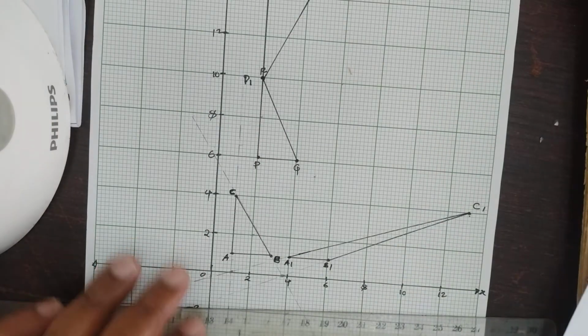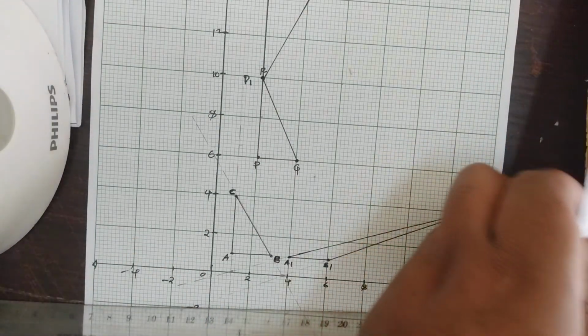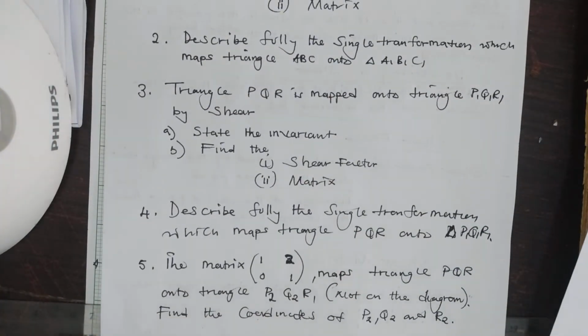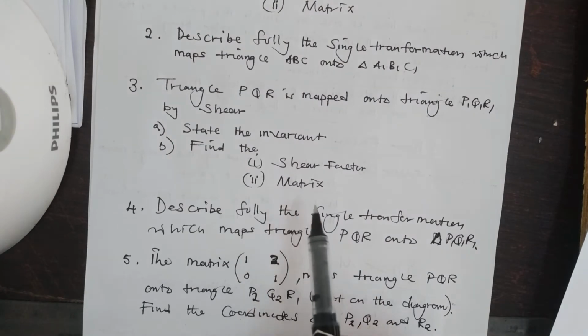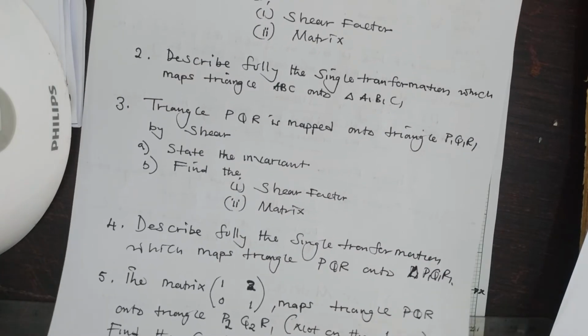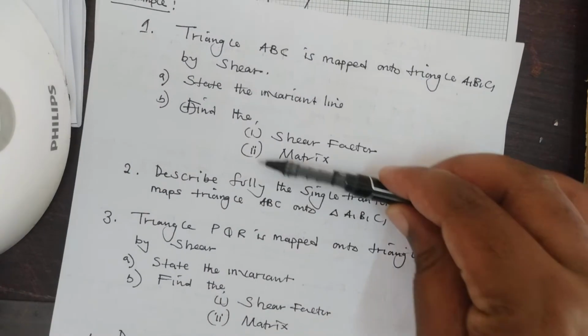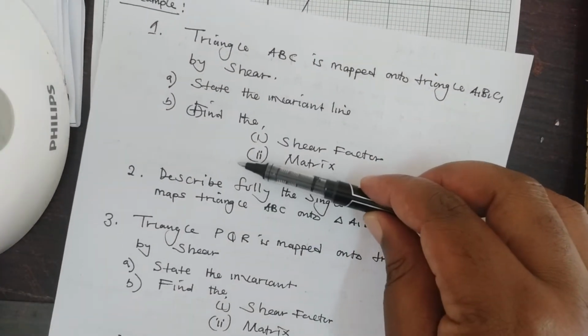All right? So we can go to the second question. We are saying describe fully the single transformation which maps triangle ABC onto triangle A1, B1, C1. Mostly this question is asked without asking you to get the matrix.